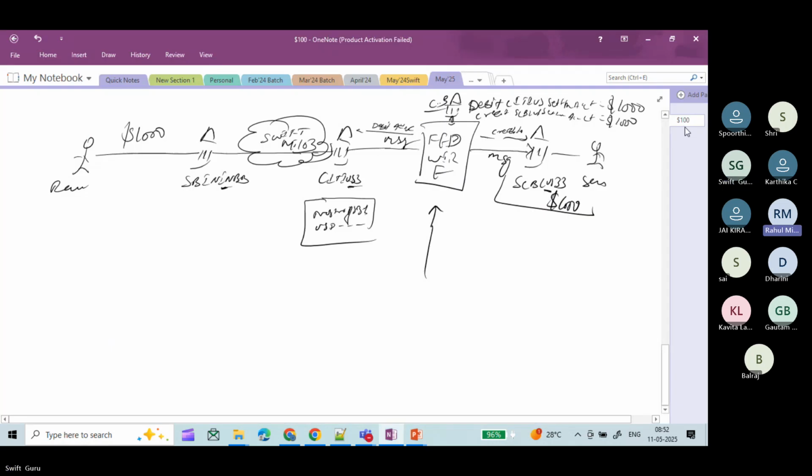I mean your SBI sending the MT-103 to this SCB, Standard Chartered Bank in New York. Directly, they are not sending because they don't have any relationship. That's why they are taking help of an intermediary bank called Sirius.